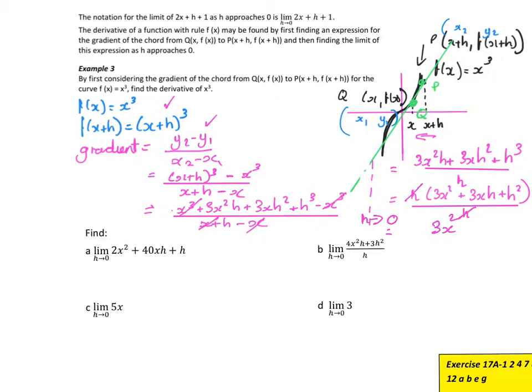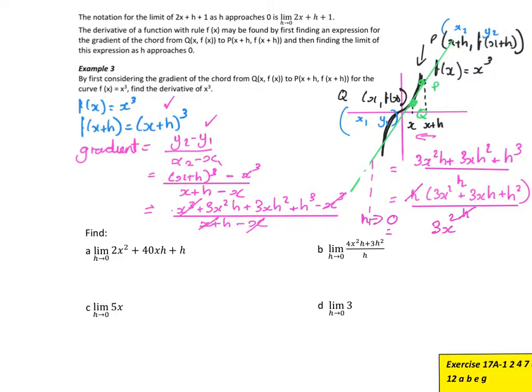Let's look at the final example here. Not so lengthy, these ones. What we're asked to do is find the limit. So in the questions above, we've been letting h approach 0. This is what we're actually being asked to do here. The limit as h approaches 0, we're looking for the value of this, basically, as that h is equal to 0.